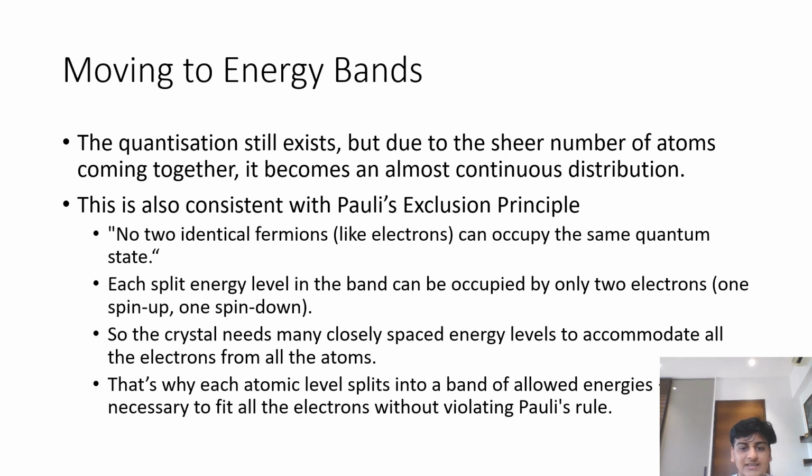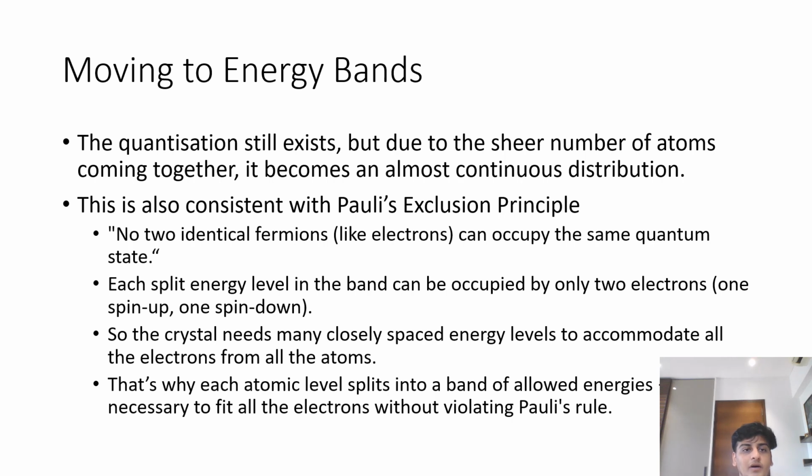What this means is that these energy levels need to split into as many levels as the number of atoms you're bringing together, because no two electrons can have the same energy level, as this would violate Pauli's principle. So that's why each atomic level splits into a band of allowed energies. It is necessary to fit all the electrons without violating Pauli's rule.